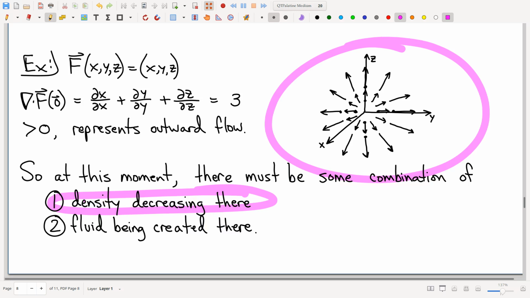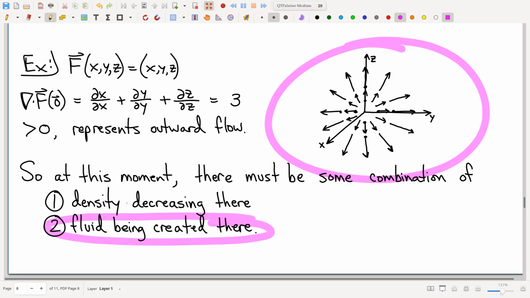Now, here's a totally different physical interpretation from the exact same picture. Maybe there's a light bulb there, and light bulbs shoot out photons, and photons are being generated. It's not like there was a bunch of photons and they're departing from my general vicinity. No, I'm generating photons. I'm not losing photon density. In a steady state situation, photon density is constant.